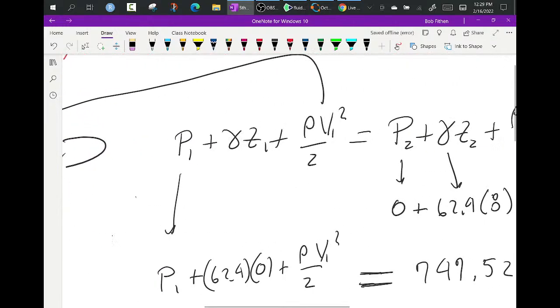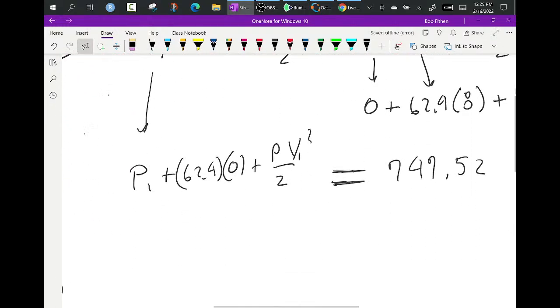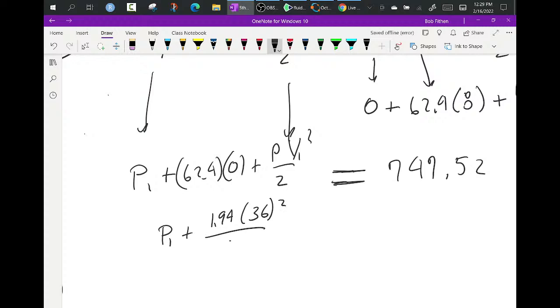So you can say P1 plus 1.94 times 36 squared over 2 is equal to 747.52.